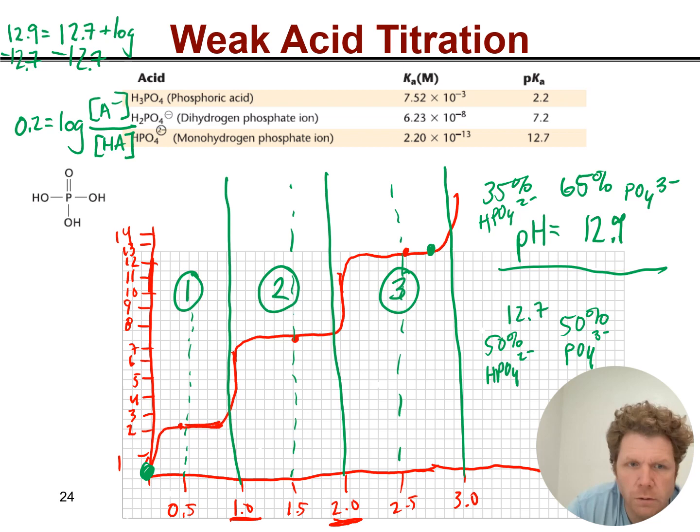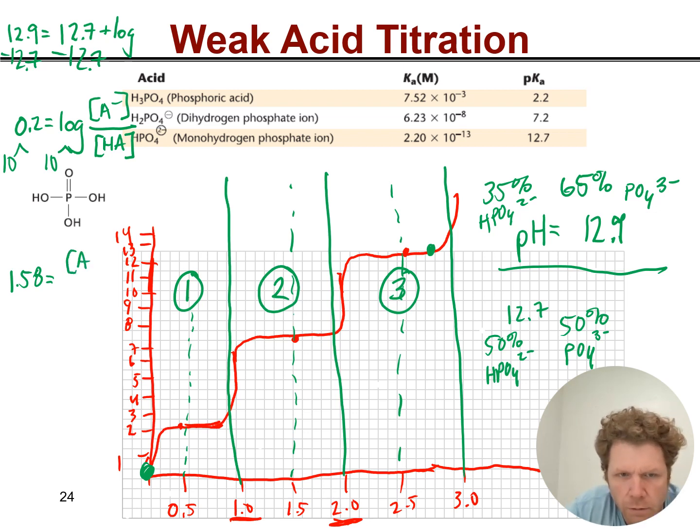So I'm going to raise 10 to the this, so I can get rid of that log. Whenever I raise 10 to the 0.2, I get 1.58 equals the concentration of A minus over HA.